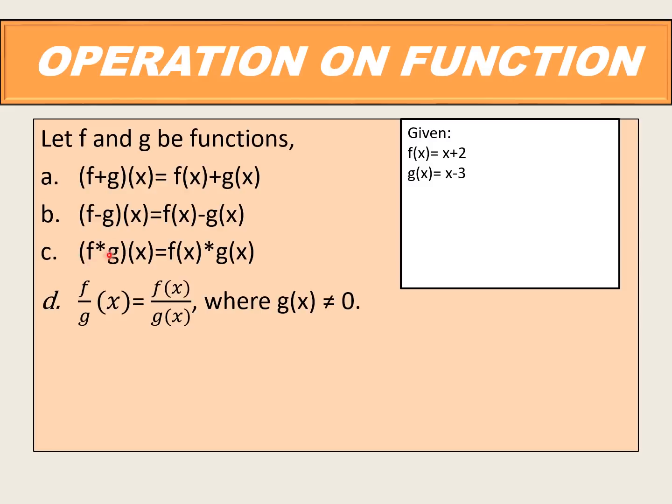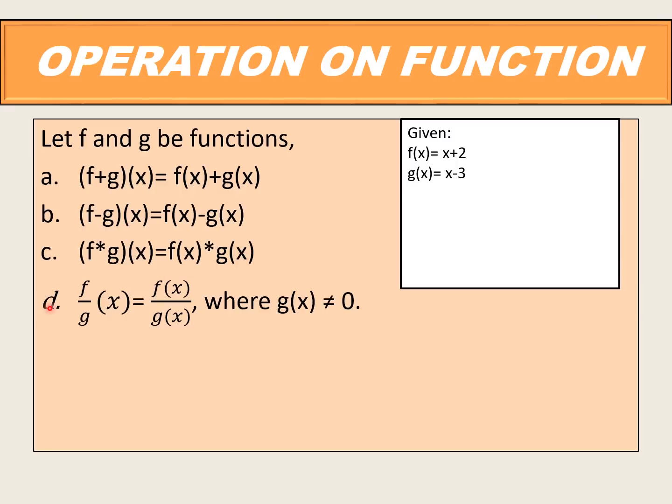So f multiplied by g of the same domain x is equal to the first function of x multiplied by the second function g of x. So that is the product of two functions, f multiplied by g of x equals f of x multiplied by g of x. That is just the same.